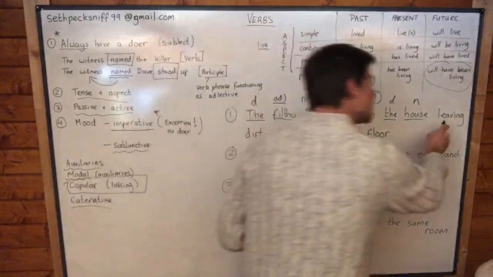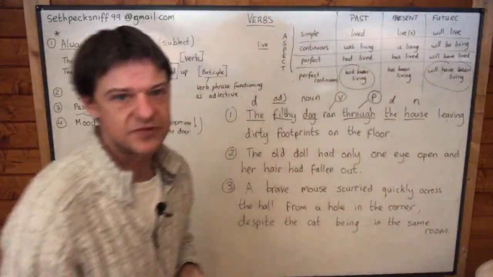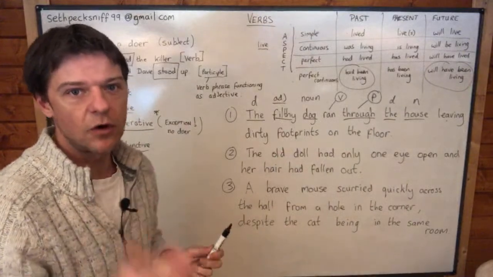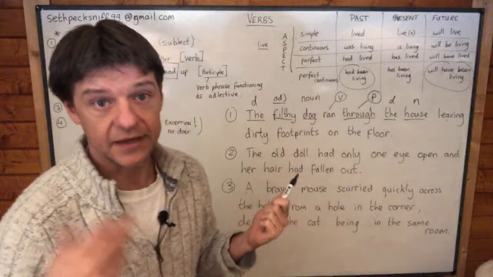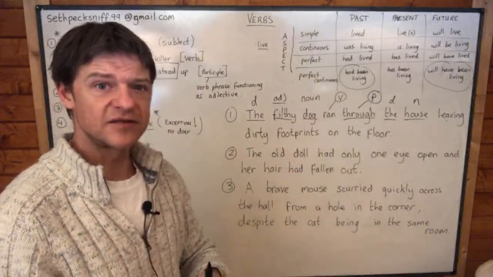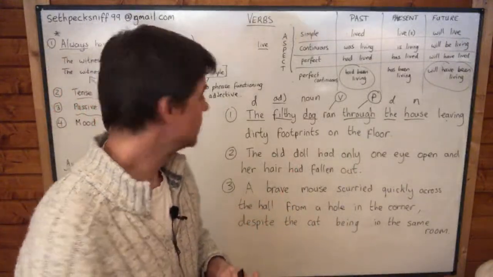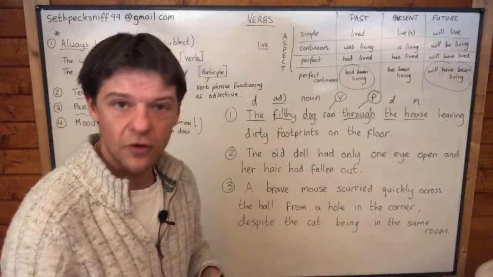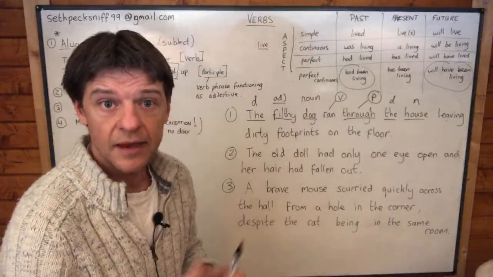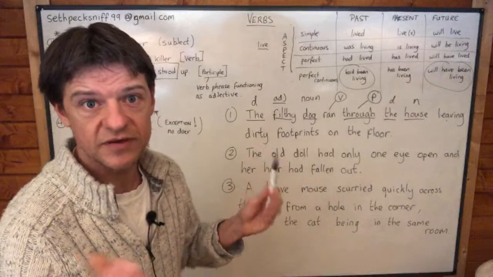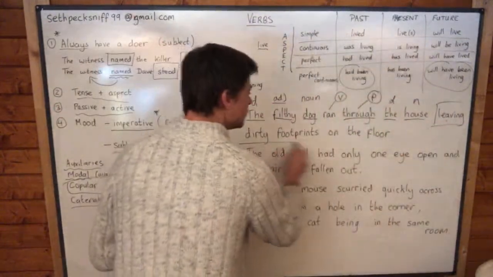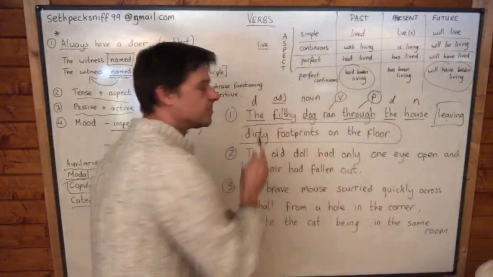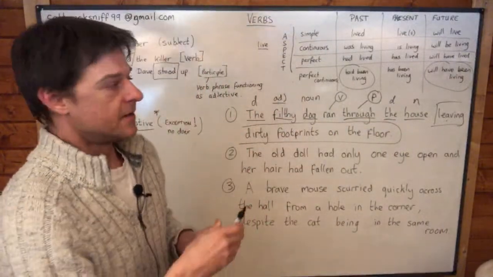But is it a verb here? Does it have a subject? Does it say he was leaving the house, or the dog was leaving the house? No, it doesn't. It just says the dog, leaving dirty footprints on the floor, ran through the house. So this leaving dirty footprints on the floor is what we call a participle phrase. It's a phrase.